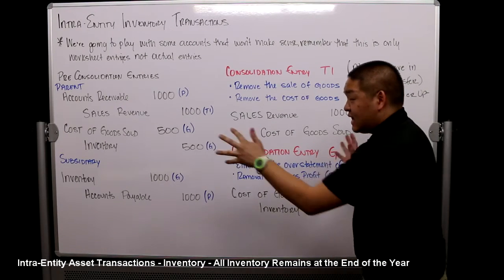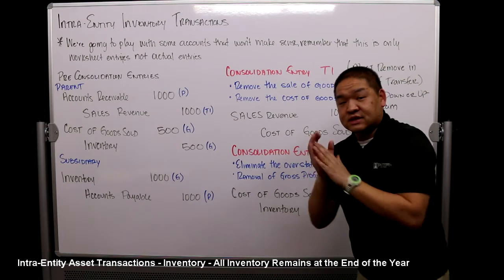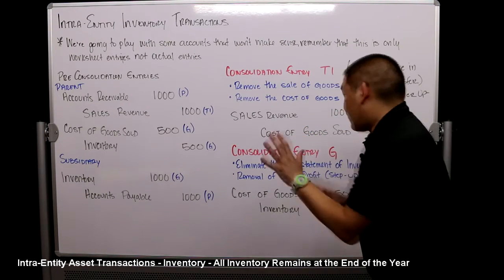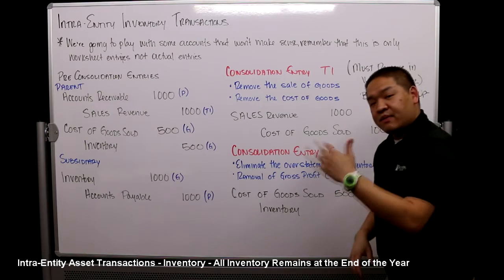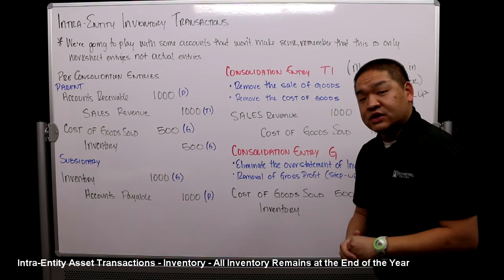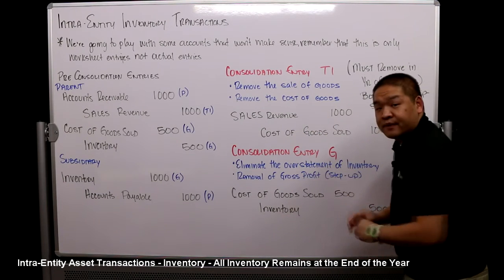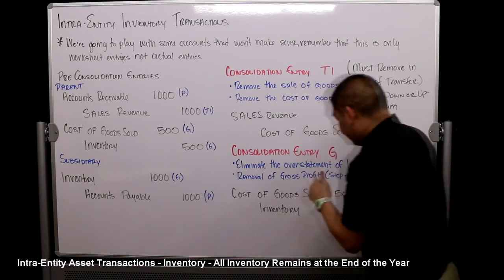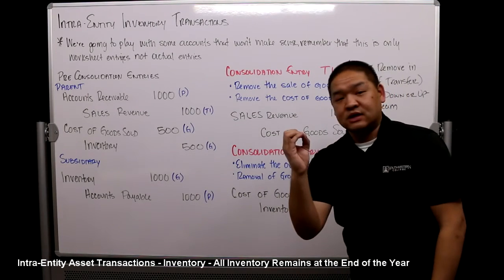So that at the end of the day, if we took all of those three, it nets to zero, as if the transaction never happened. So right here, when we said, hey, we're going to step it up to 1,000 even though we only have 500, the reason why we're going to do that is we're going to make the adjustment here, okay? So that nets to zero. We have a credit of 1,000, debit of 500, debit of 500 nets to zero.